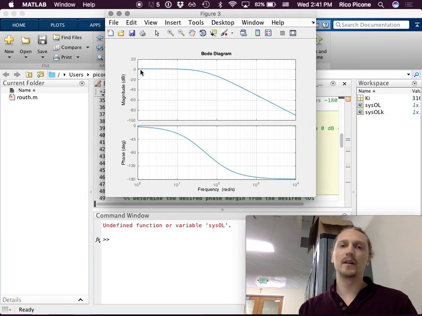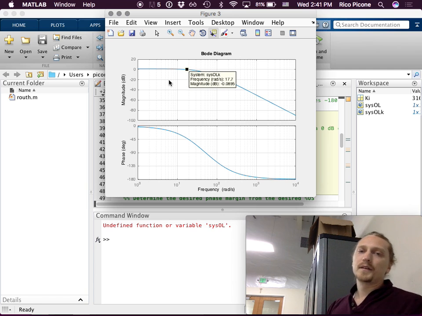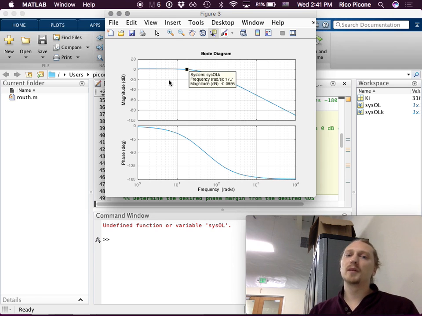So now it starts slightly above 0, and then it falls below 0 at some point. So if we take a cursor and we go along, it's above 0 dB, and then crosses 0 right about there. So now we have a phase margin. The phase margin is going to be what?